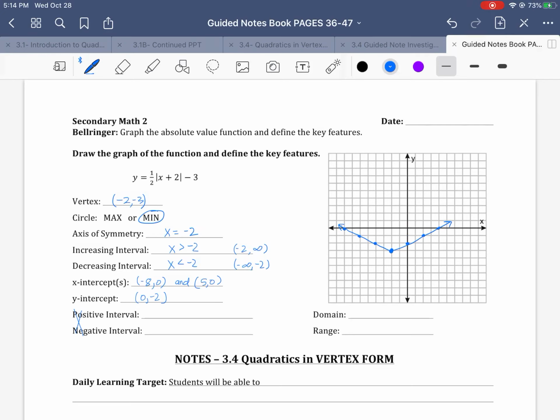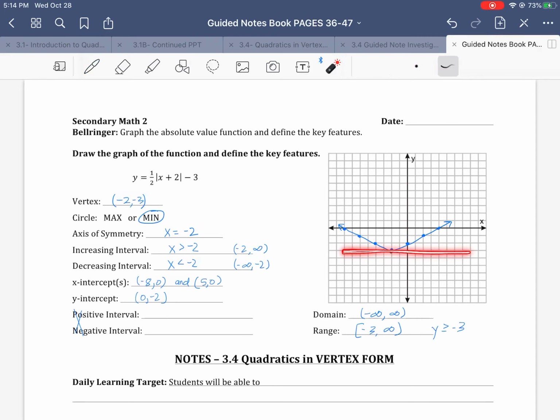We're going to skip over positive and negative intervals for now, and I'm going to jump to domain and range. Domain is -infinity to infinity, as we practiced. And then notice our range. Starting at the bottom of our graph, it looks like we're at -3, and then this graph goes up forever. Those values just get bigger and bigger. So our range is the one with the bracket, or some of you like to write y is greater than or equal to -3.